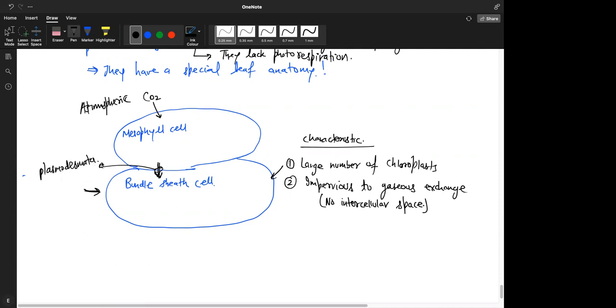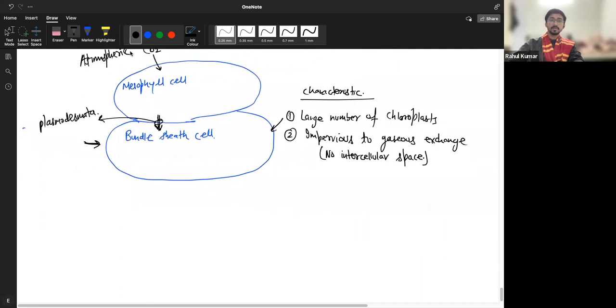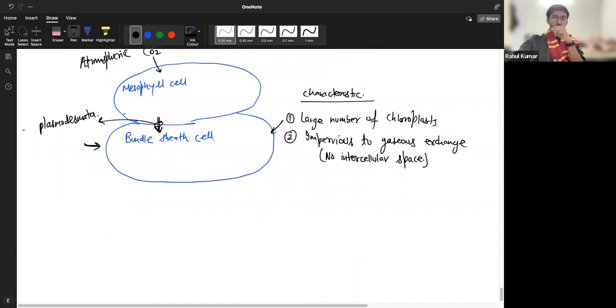Yes, sir. Now, what are the characteristics of the bundle sheath cells? That they have a large number of chloroplasts. Now, if they have chloroplasts, they will be having chlorophyll. So what can they do? They can carry out the photosynthetic pathway, the biosynthetic pathway as well, correct? So this is what happens. Let me make a better diagram.